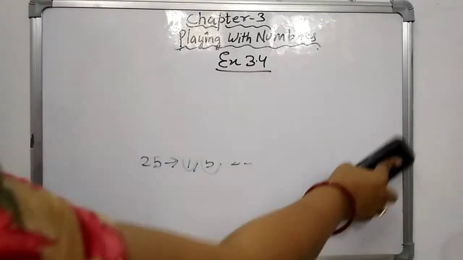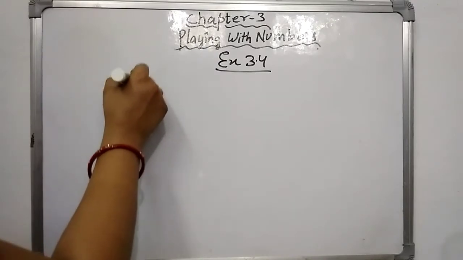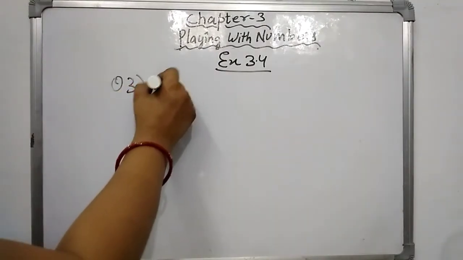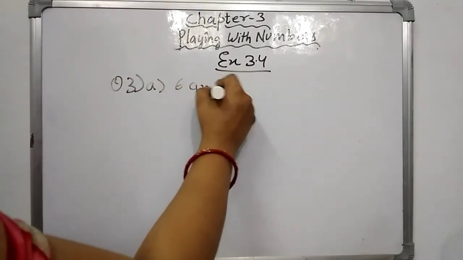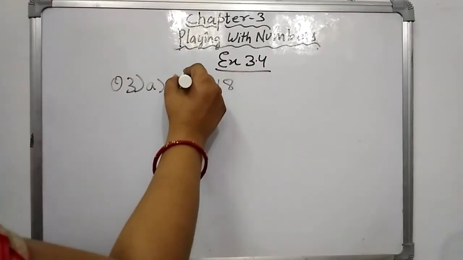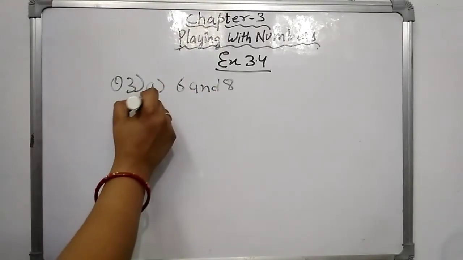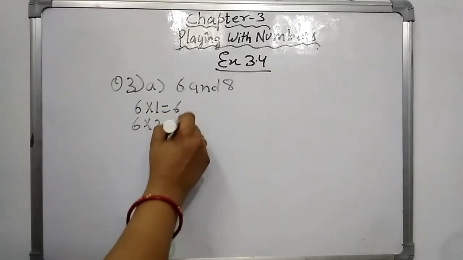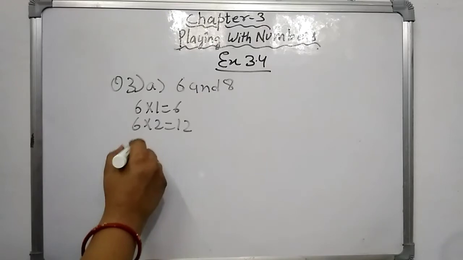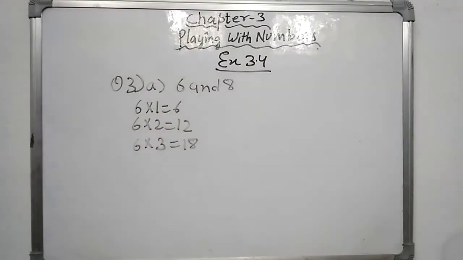Let's take question number 3. Find first common multiples of part A, 6 and 8. Let's write down multiples of 6. This is how you will calculate multiples of 6. I will be writing all the multiples.